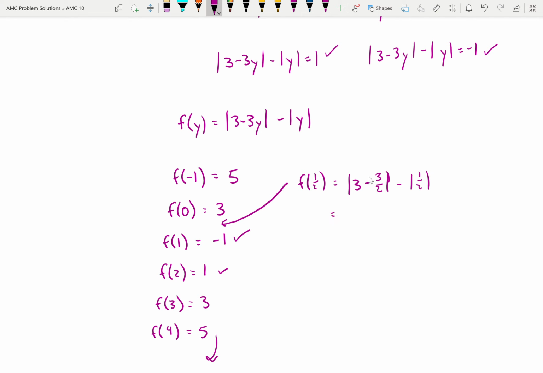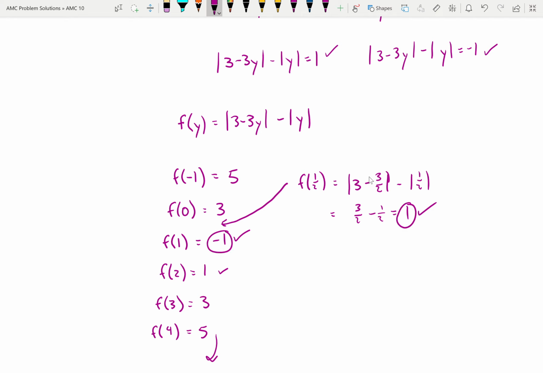So this will be 3/2 minus 1/2, which equals 1. So that's a solution. And when the output values are decreasing from 3 to -1, that's the only time it hits 1, that output value. So we have one solution there, another solution here, another solution here.